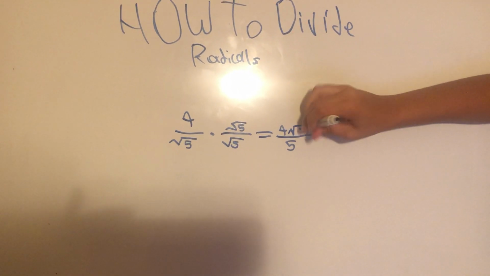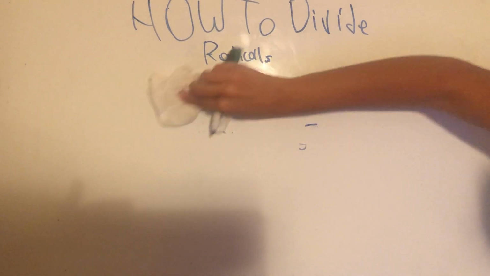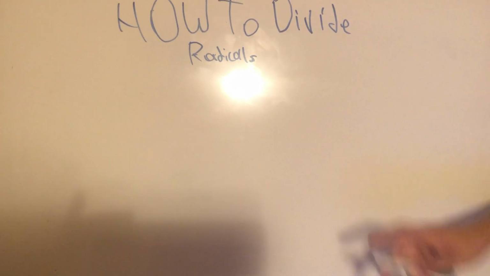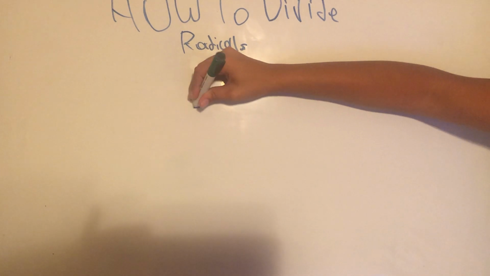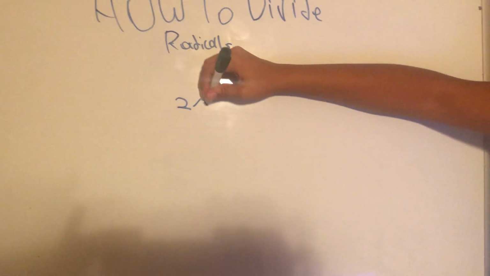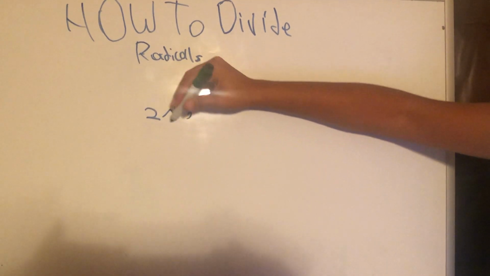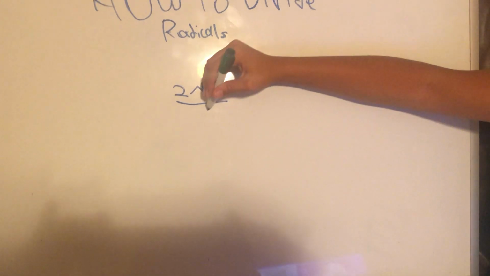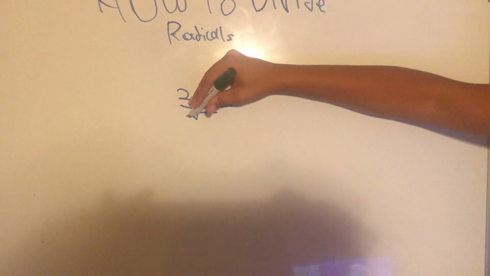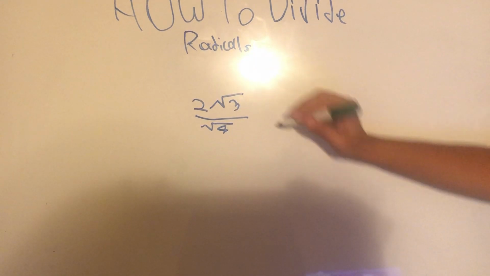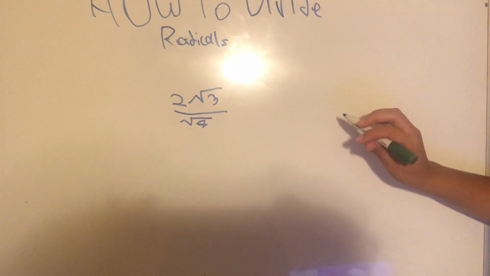Let's try another example. Say you had a radical in the numerator as well. You would still use the same concept.